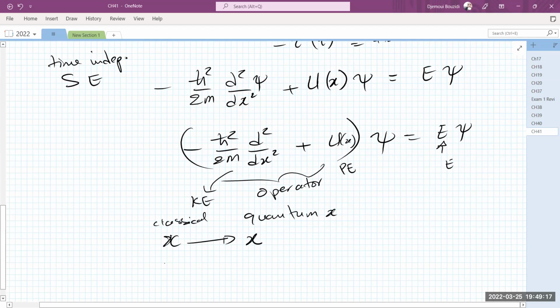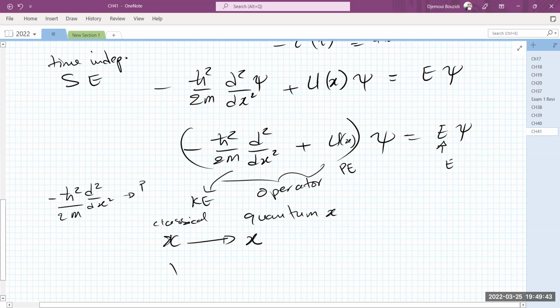The position. The momentum, though, and let me explain what I mean by that. This looks like it's a kinetic energy. But the kinetic energy in this situation is of the form negative h bar squared, the second derivative with respect to x, divided by 2m.